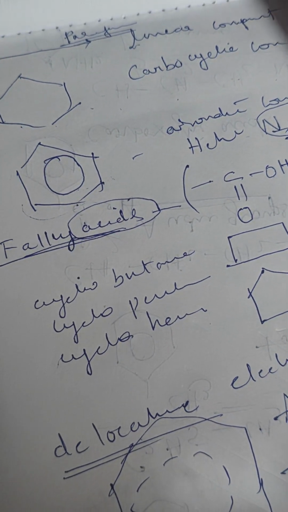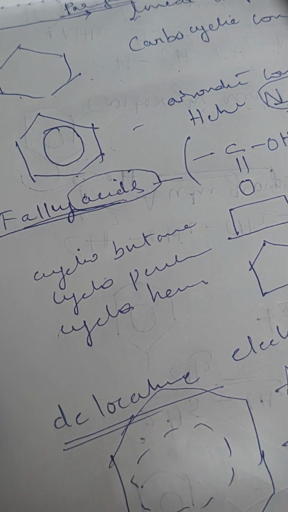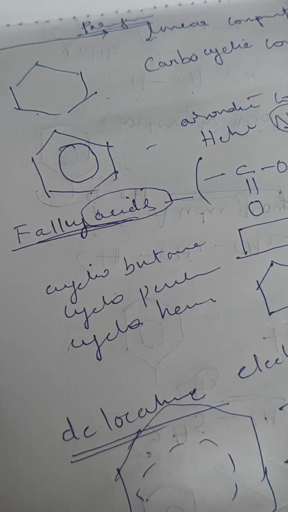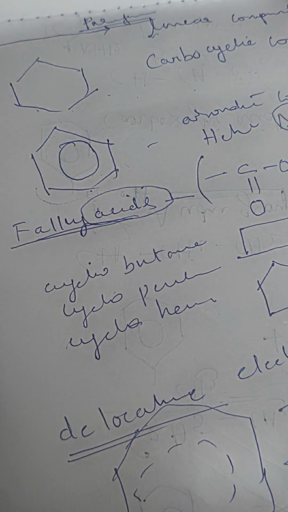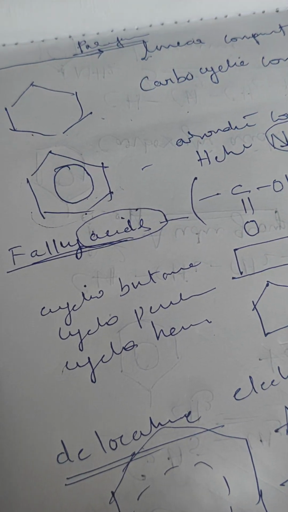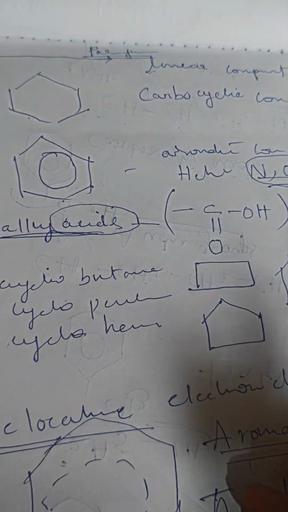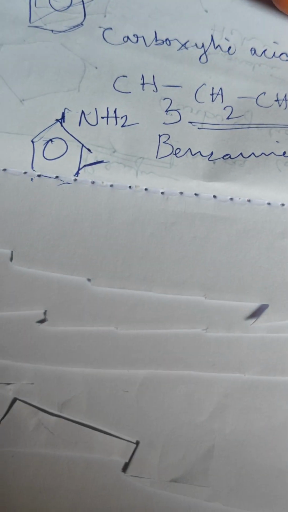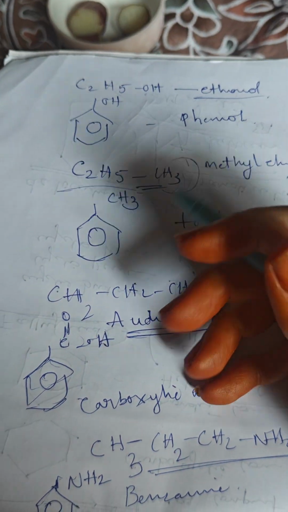Then fused ring systems, cyclic structures, aromatic structures, and aromatic naming. That's how we name the organic compound. Most of the time these are the examples that you can see in our biological system.